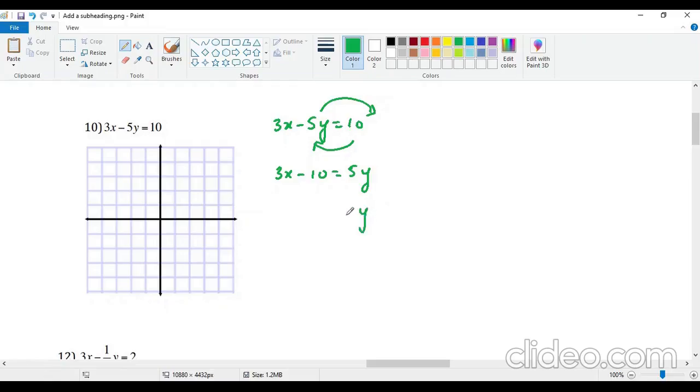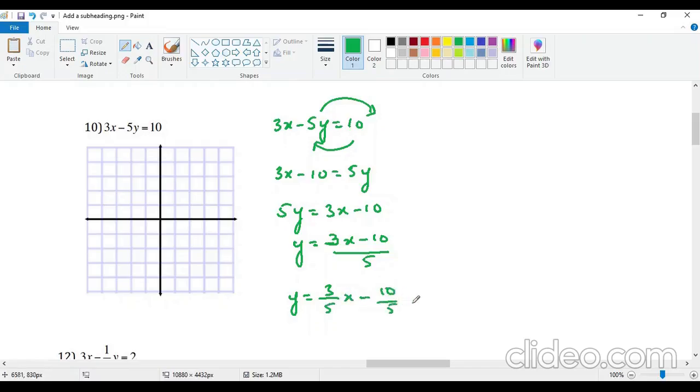That means 5y equals 3x minus 10, and y equals 3x minus 10 over 5. Remember, this 5 is for both terms, 3x over 5 and 10 over 5. So y equals positive 3 over 5x minus 2.